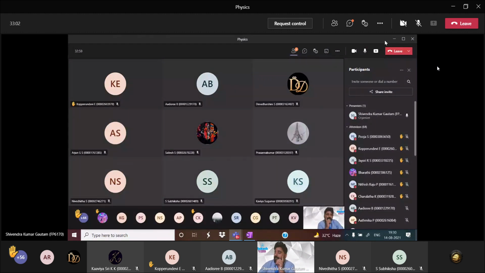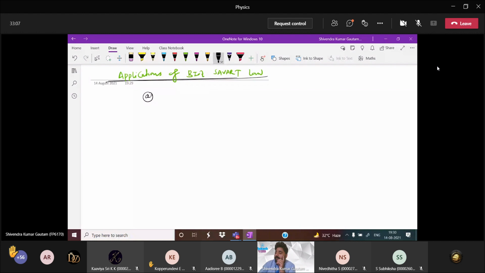The first application, write down: application A, magnetic field B due to a current carrying circular loop, B due to a current carrying circular loop at its center, when it carries current I and has radius capital R. Clear?